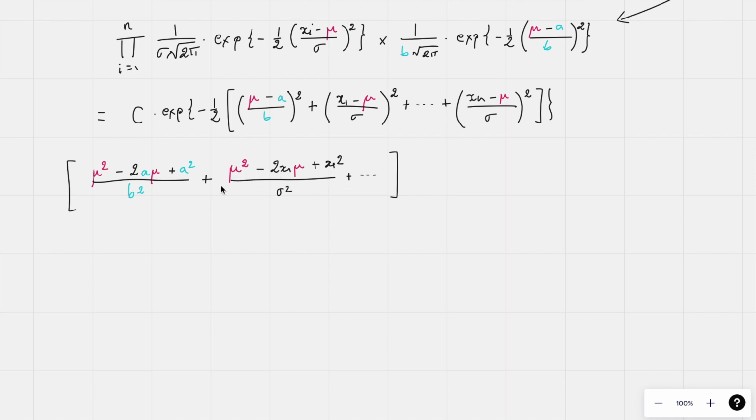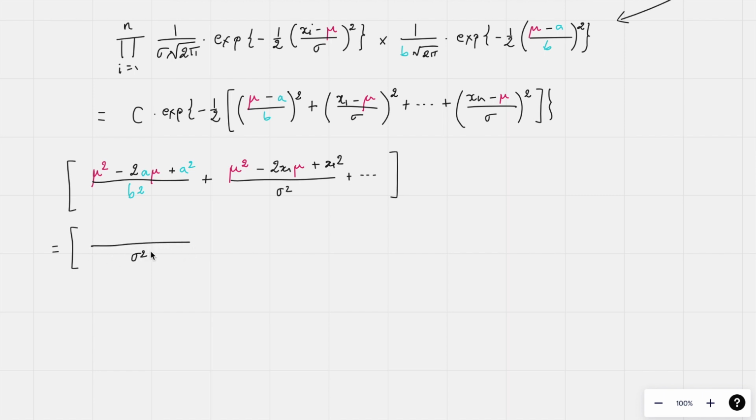If now we want to gather the terms in mu squared, we have the little difficulty that the denominators here are not the same. So we need to bring everything to the same denominator. So what we're going to do is to work a little bit on that side here and re-express this so that we have a denominator which is sigma squared. So we get something here over sigma squared this time.